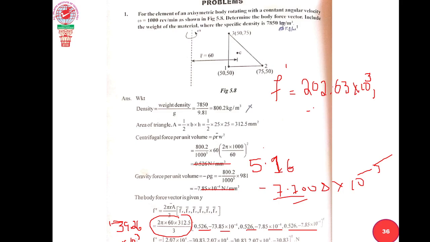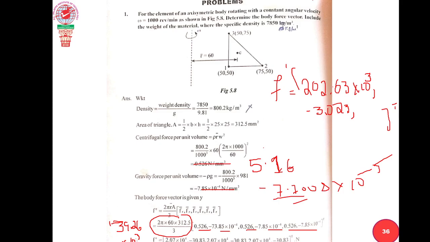Next, again it will be repeated. Fr2, Fz2 the same thing, Fr3, Fz3 the same thing. The whole thing into transpose. That's all. You have to do it. Clear?